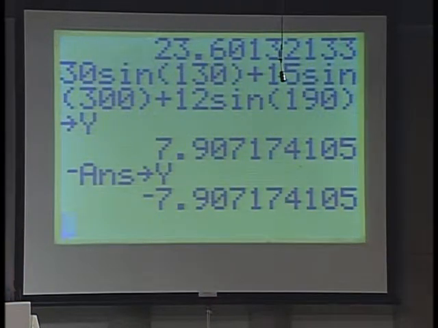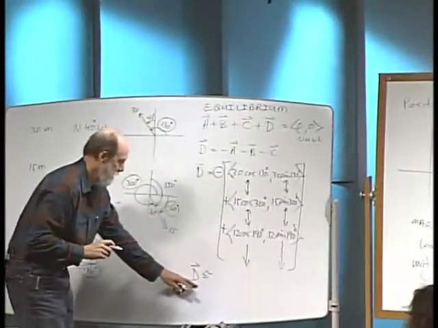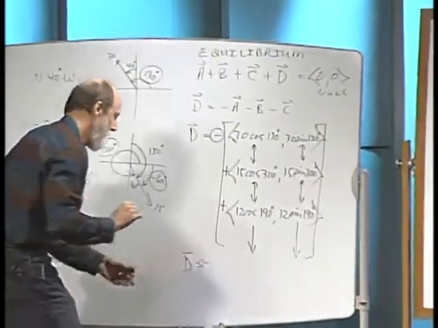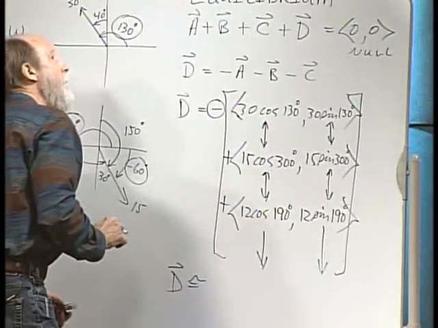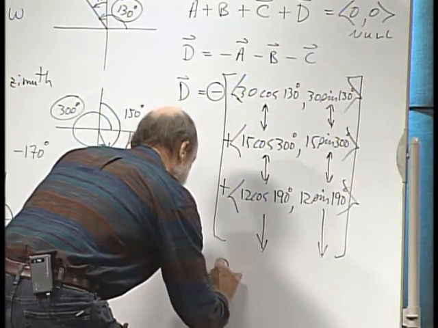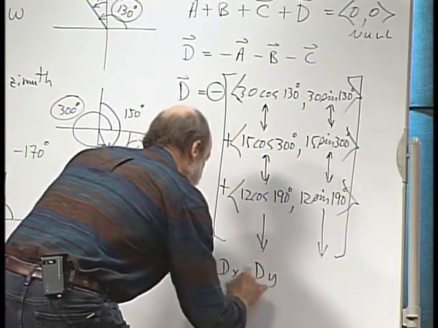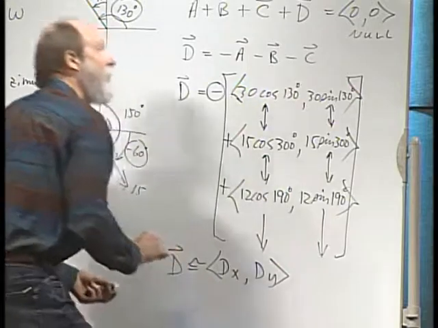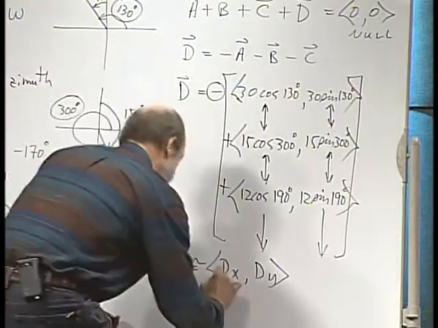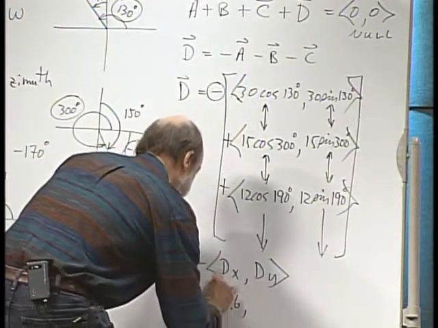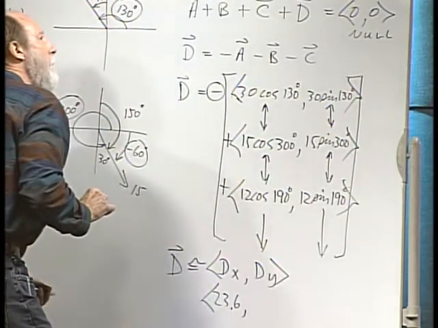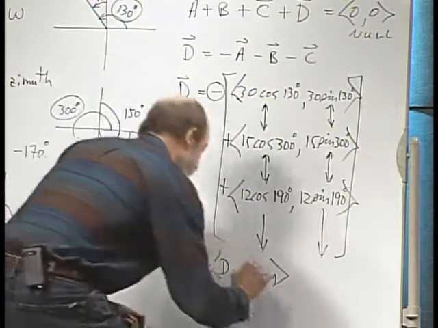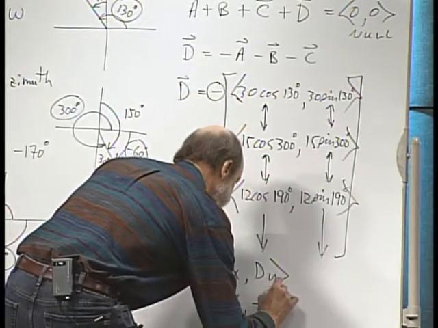Okay, so I have these answers sitting on my screen right there. So then I can come down here and observe that the D vector, the equilibrium vector we needed to get back home, is equal to a dx term and a dy term, which happen to be 23.6, comma, negative 7.9 meters.